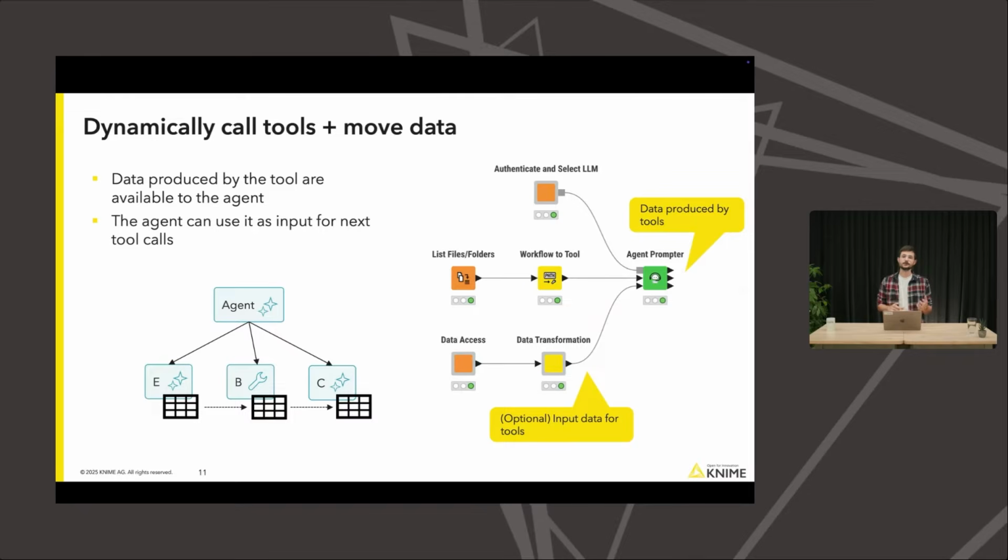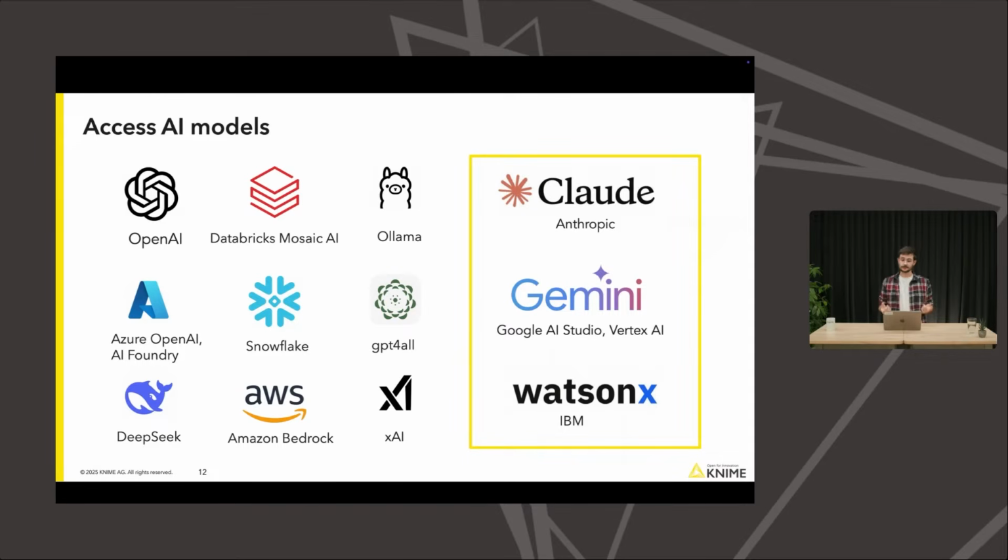Agents in KNIME can receive an input and can produce data tables. The other important thing before we jump into the example is that to power those agents, you need an LLM behind it. And those LLMs are offered by multiple providers. Today, we will use, for example, an LLM from OpenAI, but there are multiple providers out there.